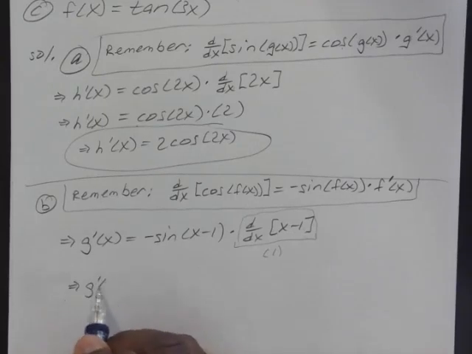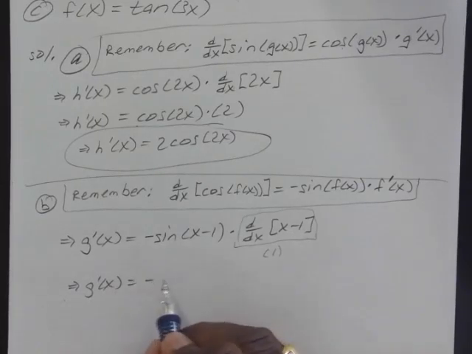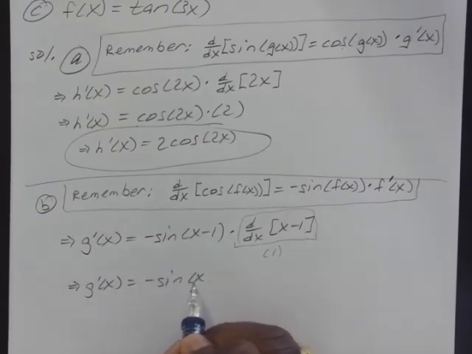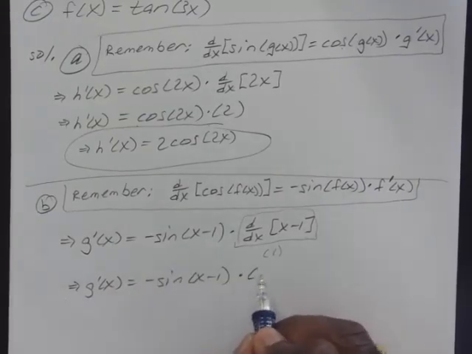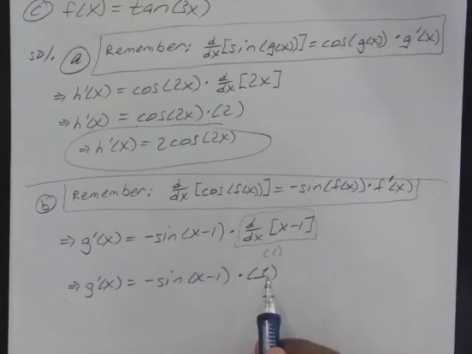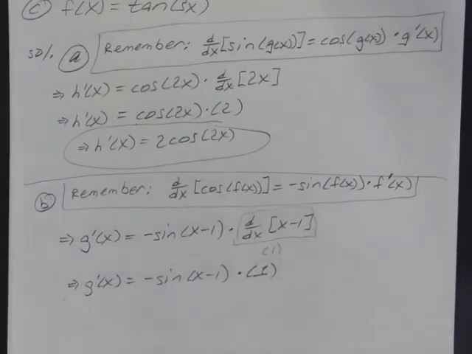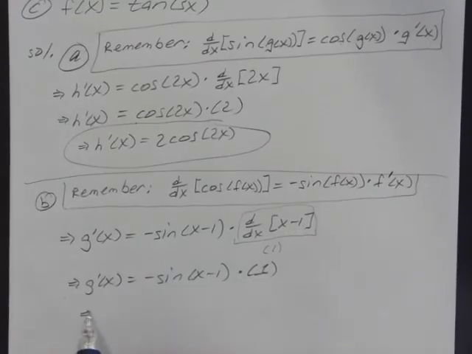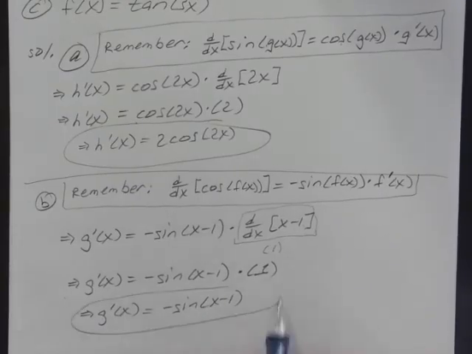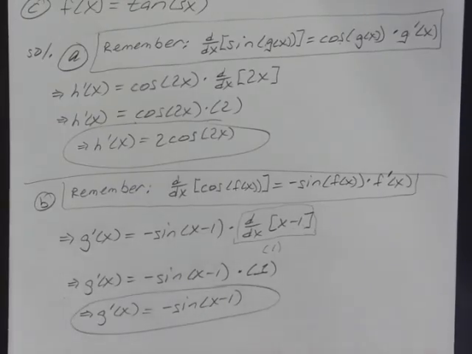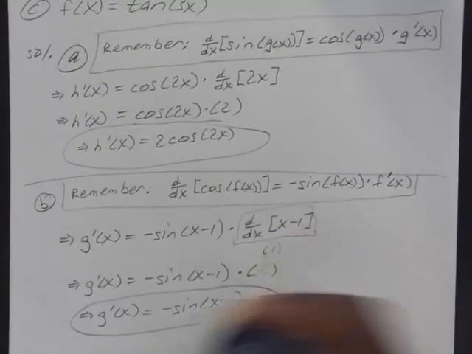So that means your g prime of x is negative sine of x minus 1 times 1, but you could have left that off, but this is more for visual aid. So that just tells us that our g prime of x is equal to negative sine of x minus 1. Make that one a little bit neater.